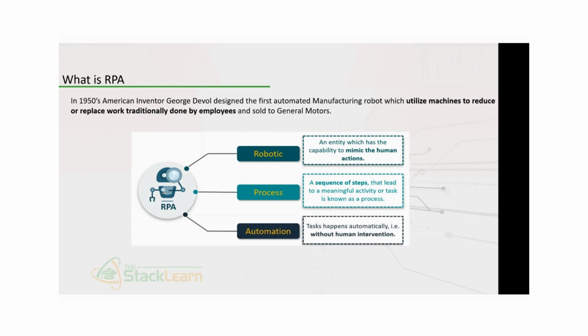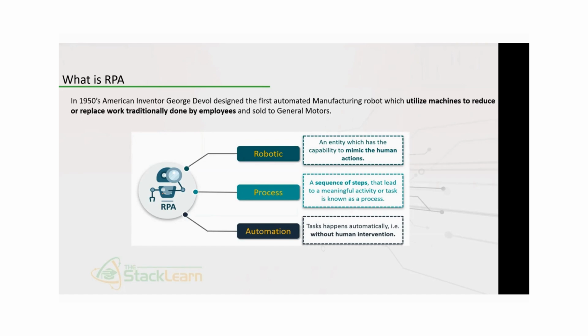To give a brief idea, RPA is a software technology that allows you to define a set of instructions for a robot to mimic human actions by integrating multiple technologies. Let's say you have an application developed in Java, and you fetch the information from the Java application and open an SAP application.